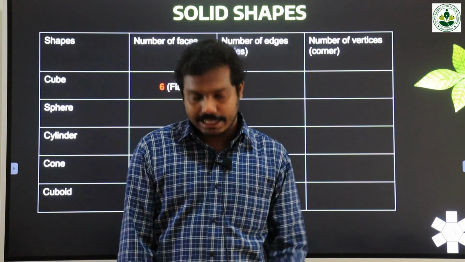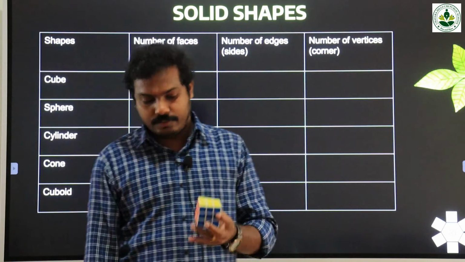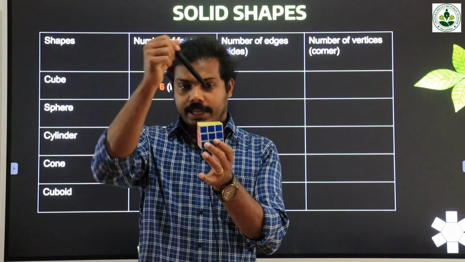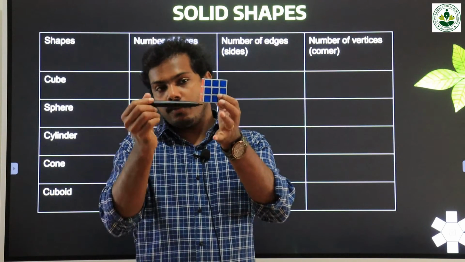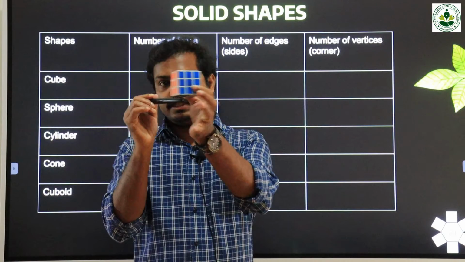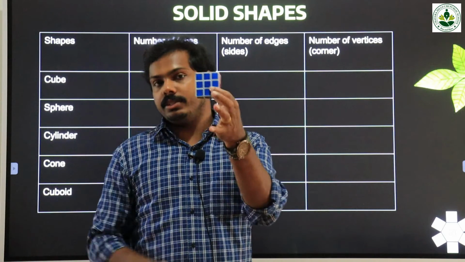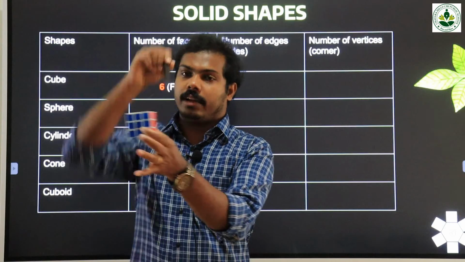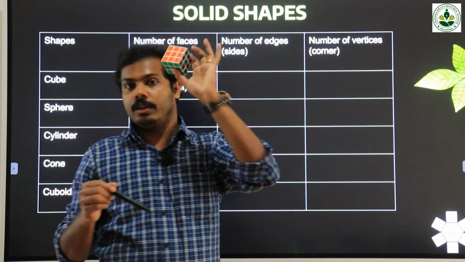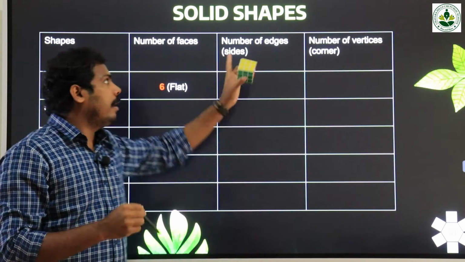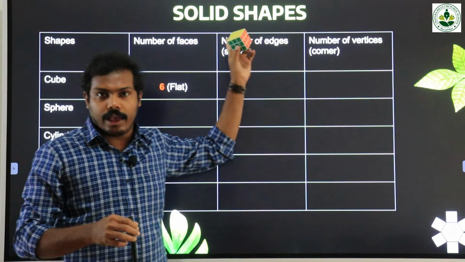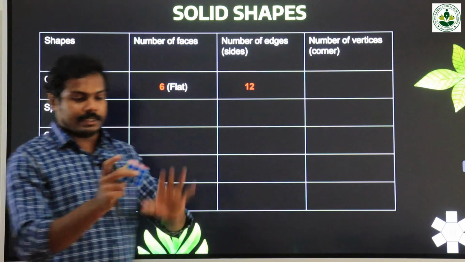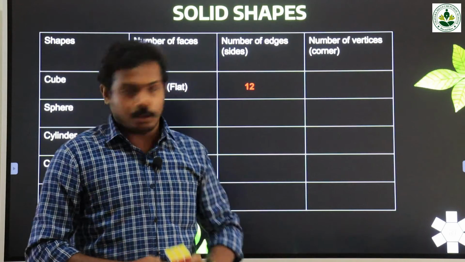We can count 1, 2, 3, 4, 5, 6, 7, 8, 9, 10, 11, 12. So the number of edges of a cube is 12.